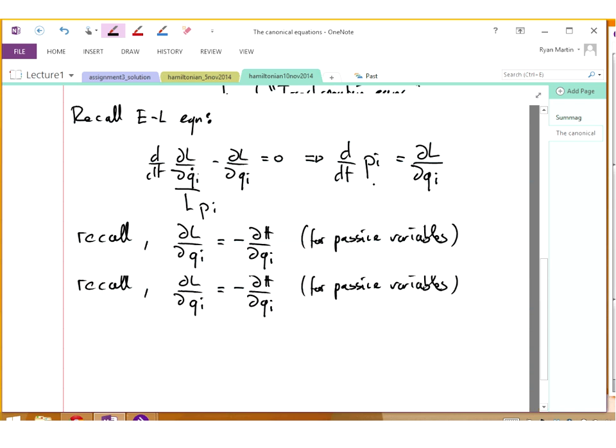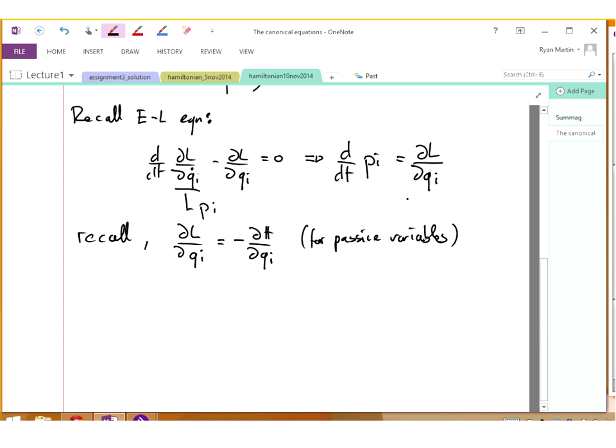So if we combine all of this together, d/dt of p_i is p_i dot, right? So we find that p_i dot is equal to minus ∂H/∂q_i.